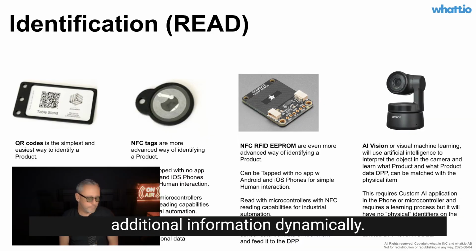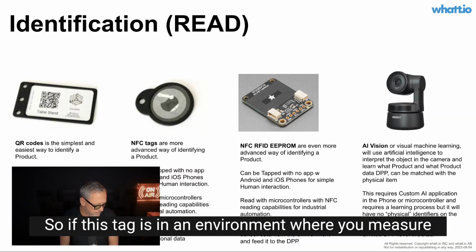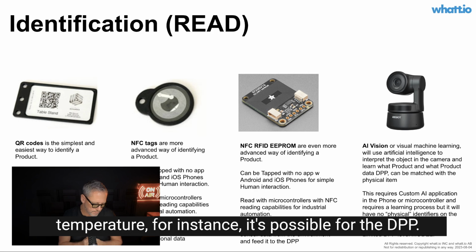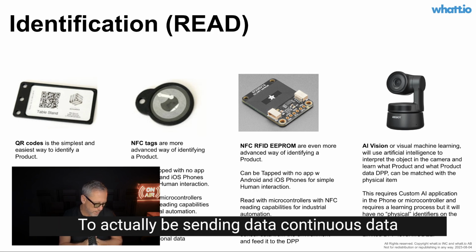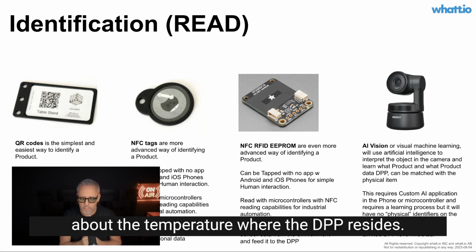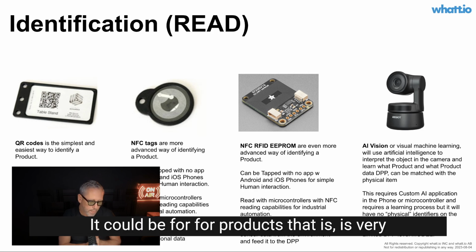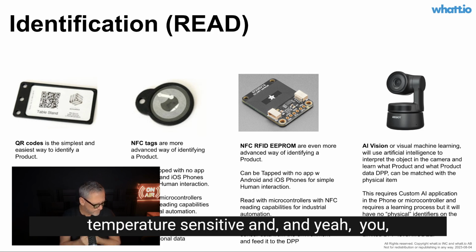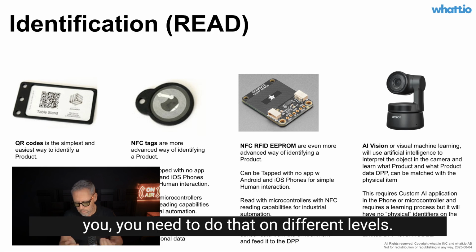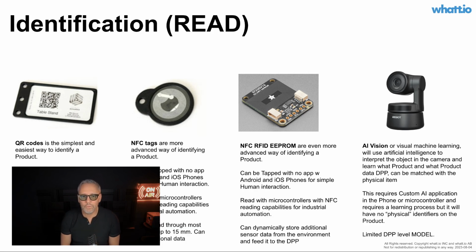So if this tag is in an environment where you measure temperature, for instance, it's possible for the DPP to actually be sending data, continuous data about the temperature where the DPP resides. It could be for products that are very temperature sensitive, and you need to do that on different levels.